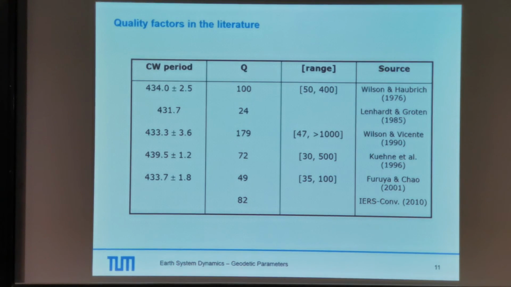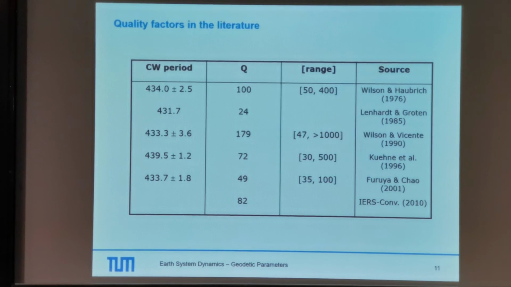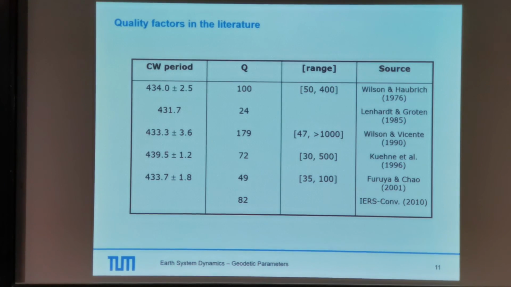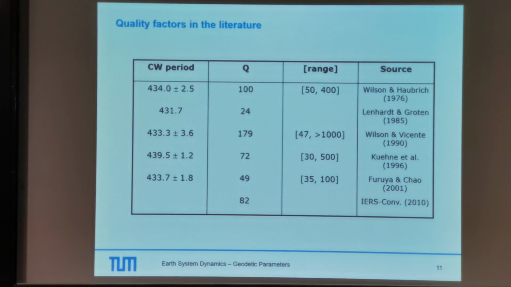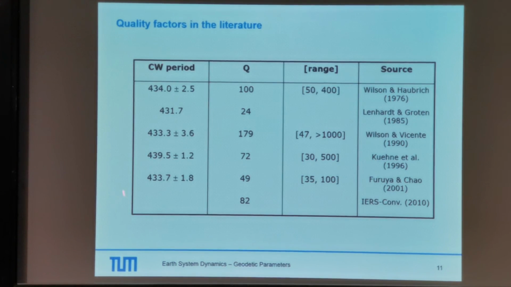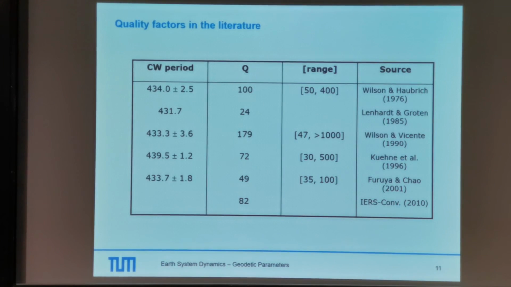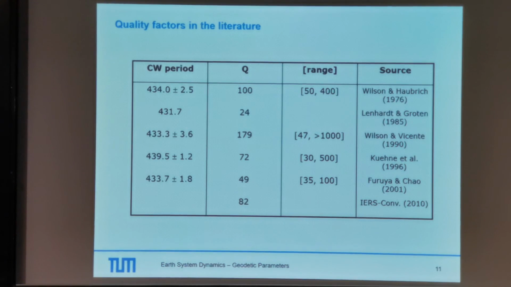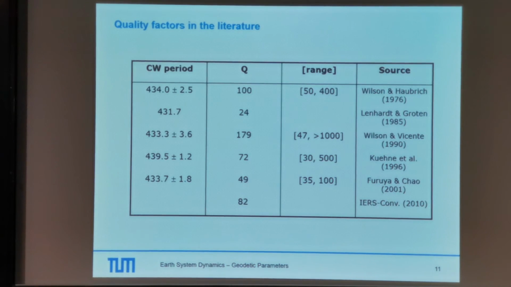That's now not so important, only to give you a feeling that based on the observations done in the past and nowadays, we try to understand the key parameters of the Earth system, but we still end up with such uncertainties. For example, the Chandler period here has a difference of 5 days, which is simply due to the quality of the observed Earth rotation parameters or the background models not yet being well understood.